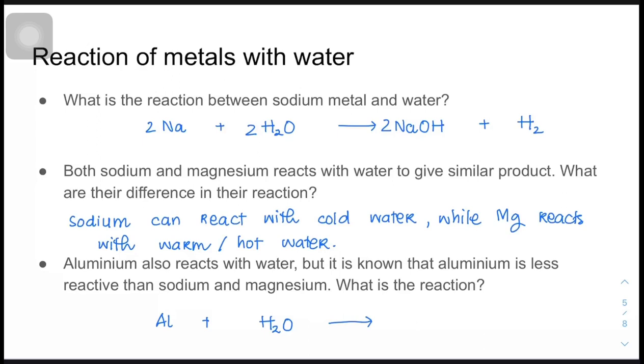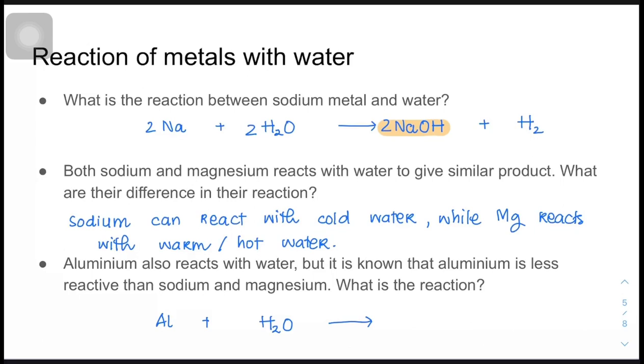Not all metals that react with water give hydroxide. Less reactive metal tends to form oxide when it's reacted with water.